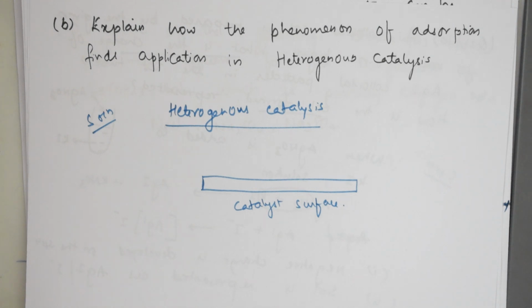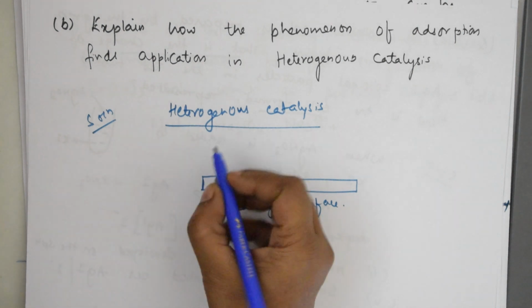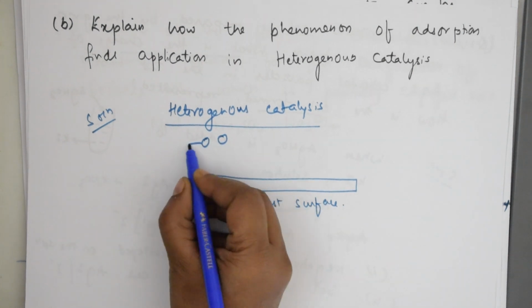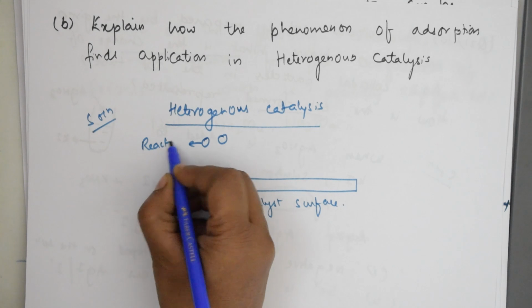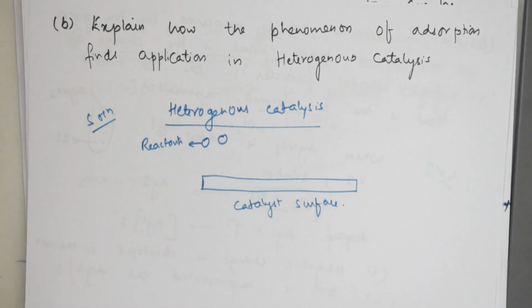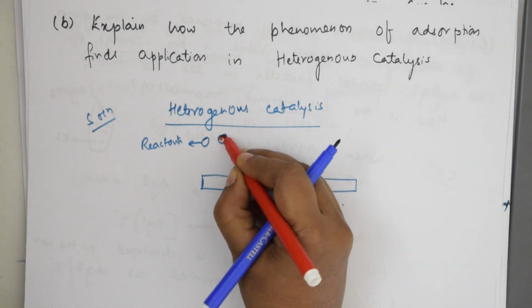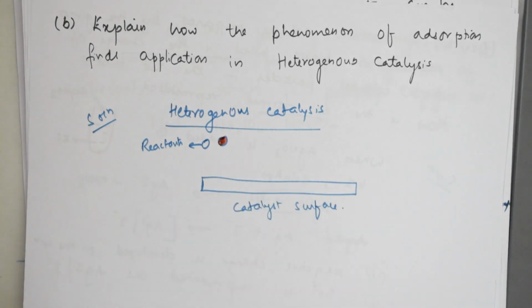The reactants are of different physical states, for example solid and liquid. This is one physical state, and this is one more physical state.